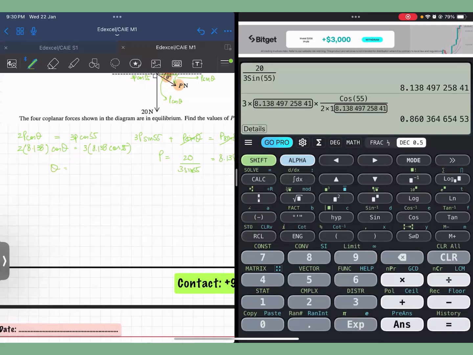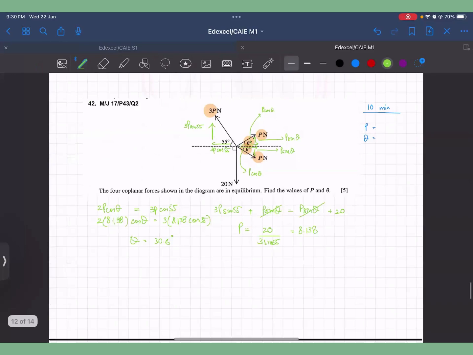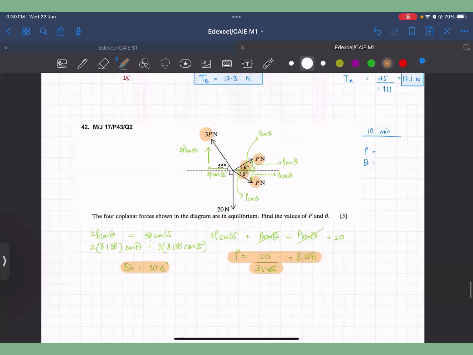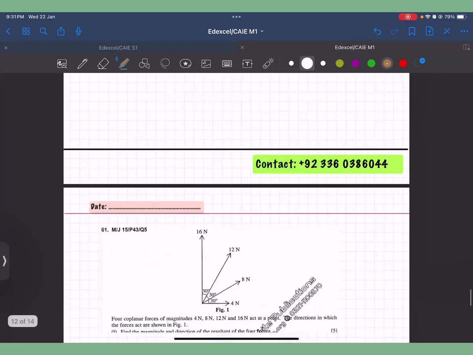So theta would be cos inverse of this answer, which is 30.6. So 30.6 degrees. This is your final answer. Okay, that's it. Okay, Murtaza, is it clear? All good? Yes, sir. Okay.